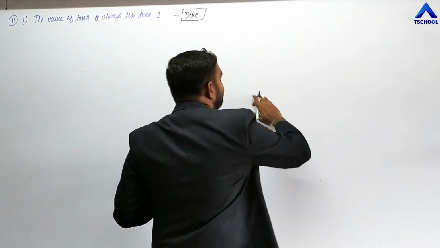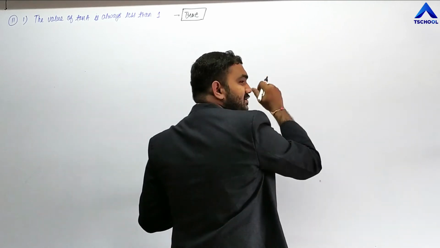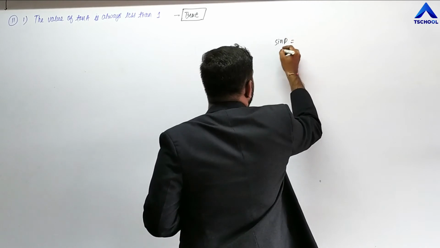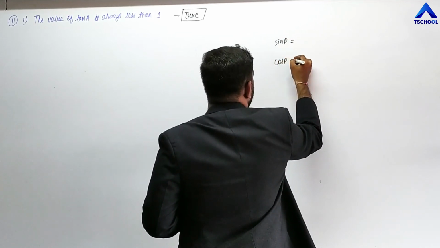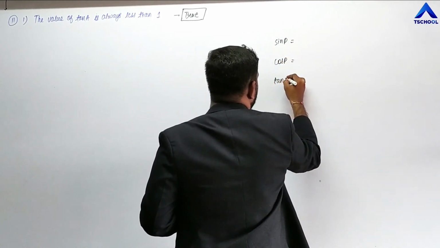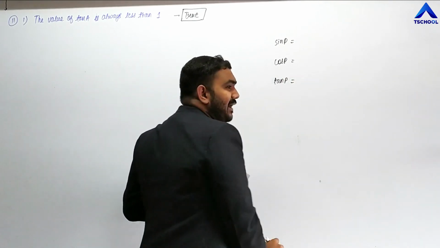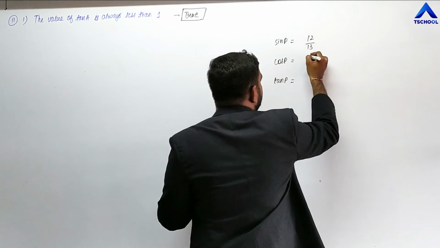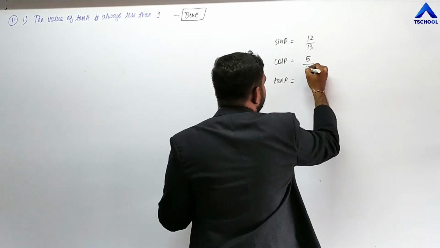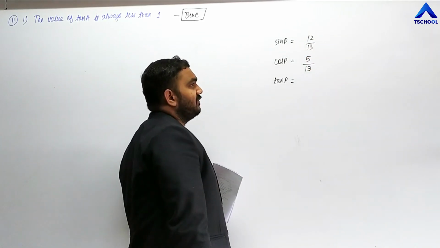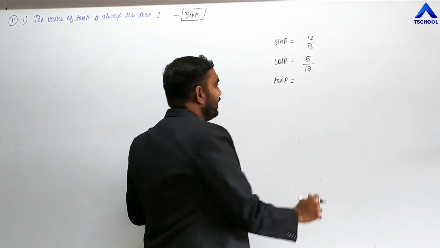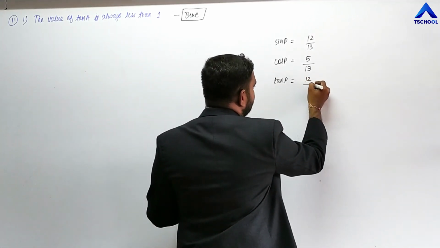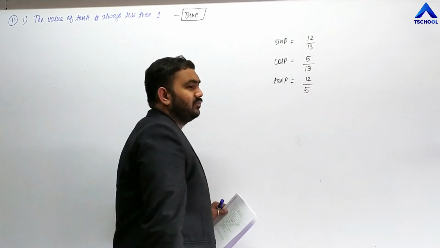Suppose, for example, the previously solved example that we had here was sin P, cos P and tan P. We had the value of sin P, that was 12 upon 13. We had the value of cos P, that is 5 upon 13. And if we want to find out tan P, then that is 12 upon 5.